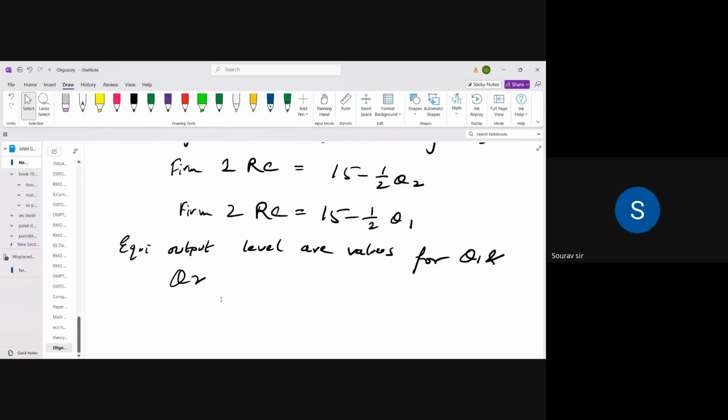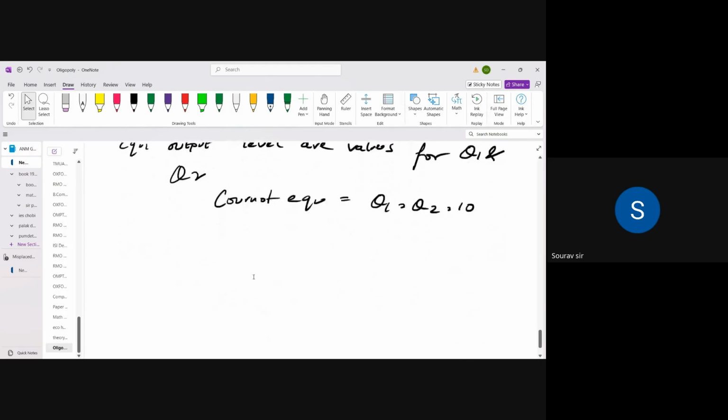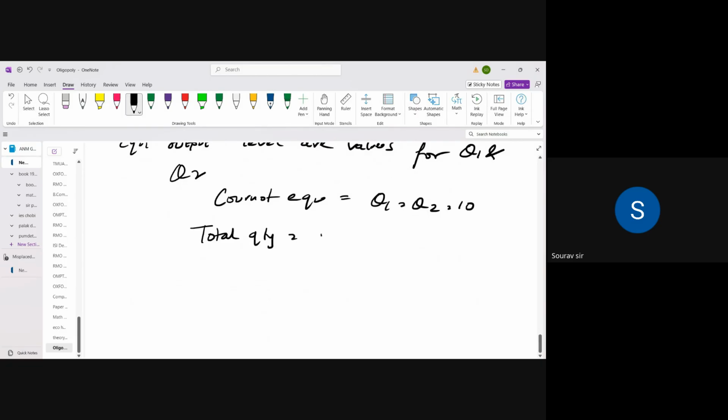So Cournot equilibrium will be Q1 equal to Q2 being 10. So the total quantity produced will be 10 plus 10, 20.